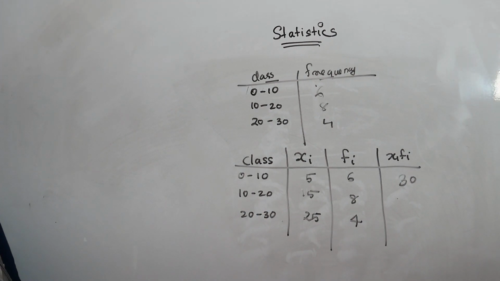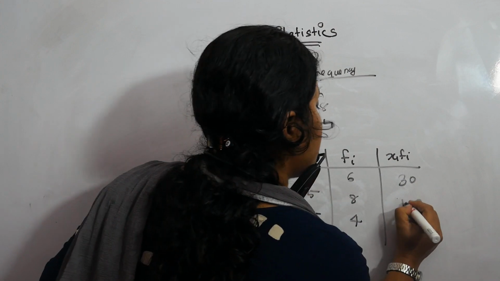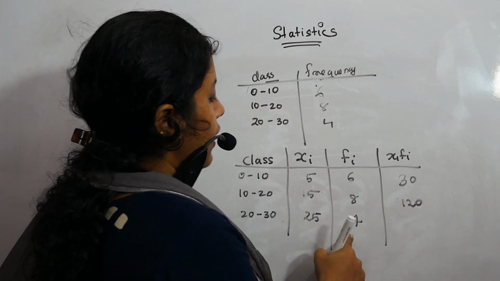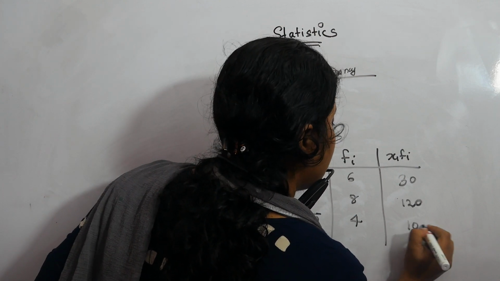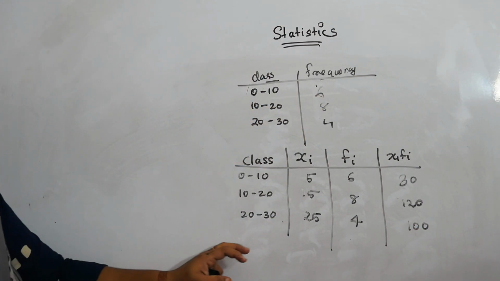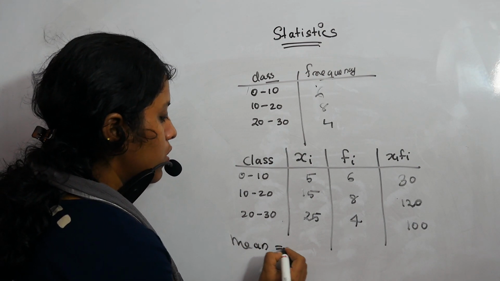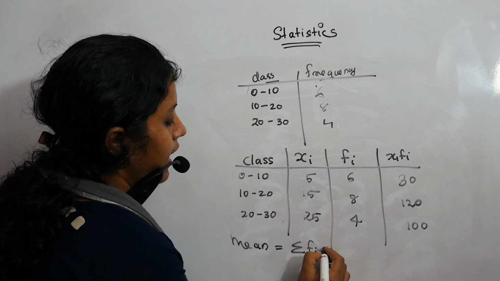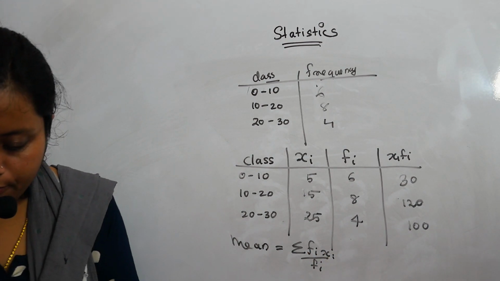So 15 into 8 is 120. Then 25 into 4 is 100. So we'll write like this. Then we'll find the mean. Mean is equal to sigma fi xi by sigma fi.